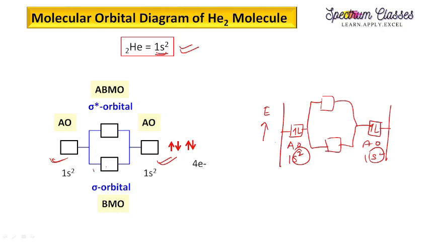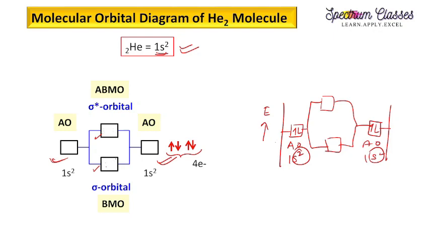Since the energy of this bonding and antibonding molecular orbital is different, first we will fill the bonding molecular orbital with electron number 1, electron number 2, and then electron number 3 will go there, electron number 4. Here I have just designated these electrons in this manner so that it will be easy for the students to understand how these 4 electrons will be filled in the molecular orbital.